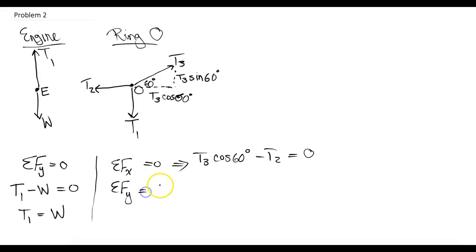And if we use the same condition for the sum of the forces in the y direction for the ring, we notice that we have T3 sine of 60, which is pointing upwards, minus T1 equals 0.